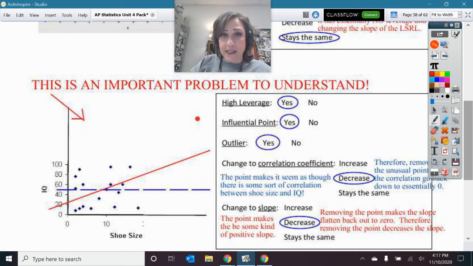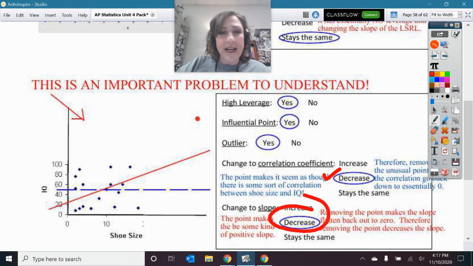Therefore, removing it would decrease that correlation. Interesting. Okay, and then of course that point made that slope increase. So taking that point out would make that slope decrease back to basically nothing. No correlation and zero slope.